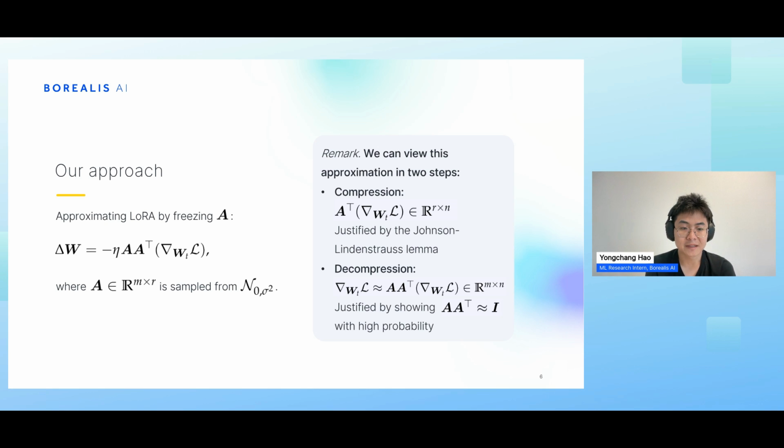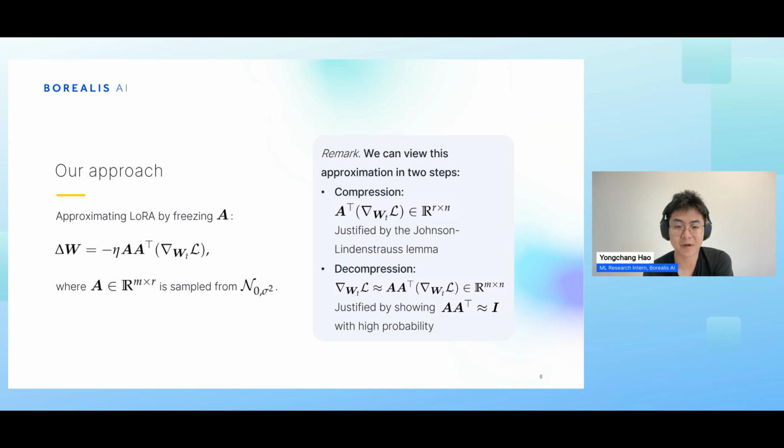By this observation, we can approximate LoRA by freezing A. This turns the original LoRA into a random projection. So if we look at the change of W, it will be the negative learning rate times A transpose, which is the random projection matrix, and the original gradient. We can view this approximation in two steps.